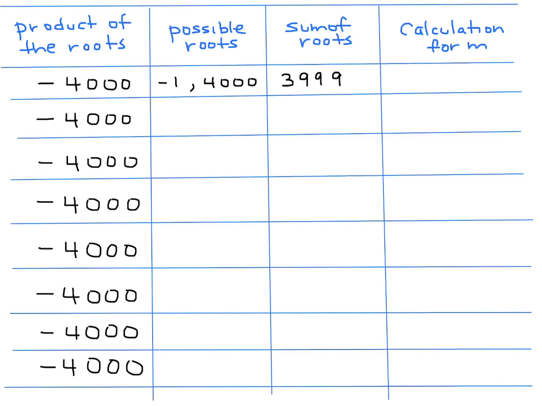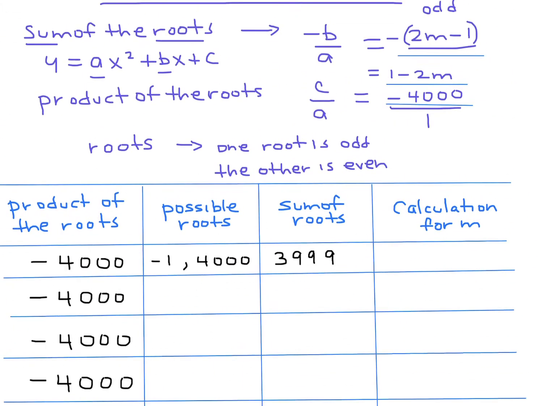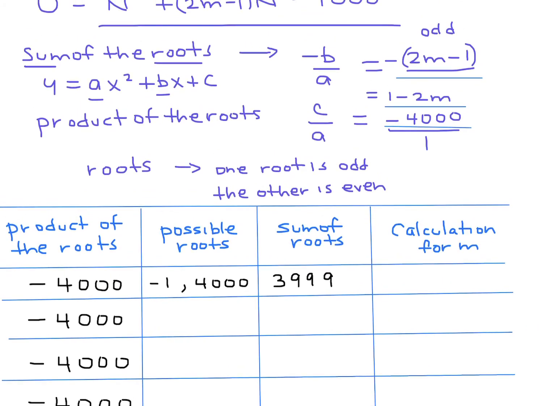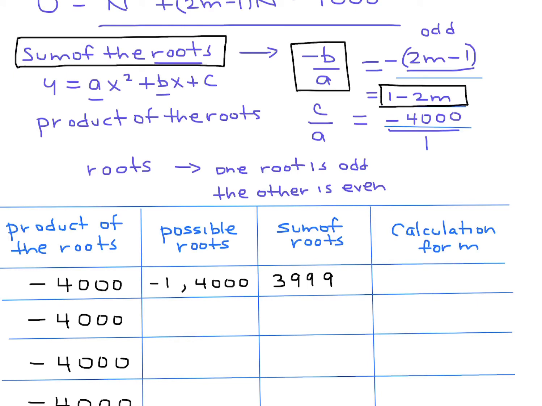Now we have to calculate for m. And how do you do that? Well, if you remember, the sum of the roots right here are equal to 1 minus 2m according to our formula. It's not our formula, it's the formula. So I'll just put that in here, 1 minus 2m. And we will use that throughout.